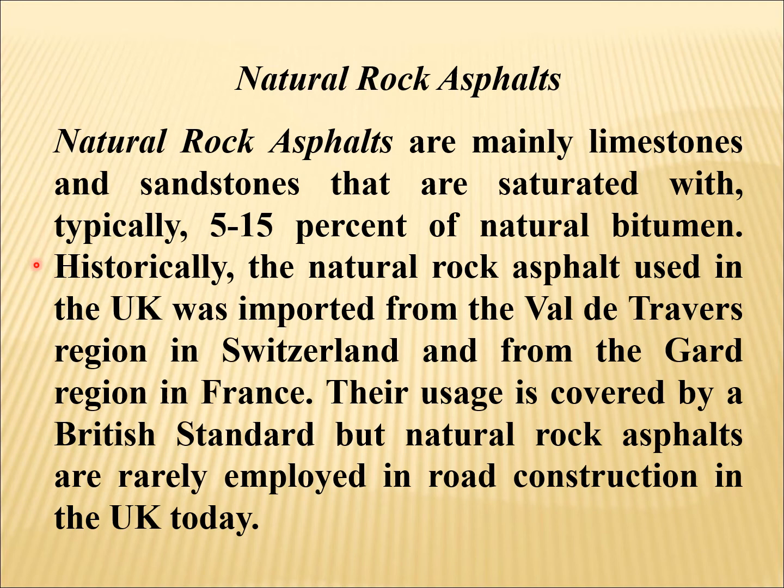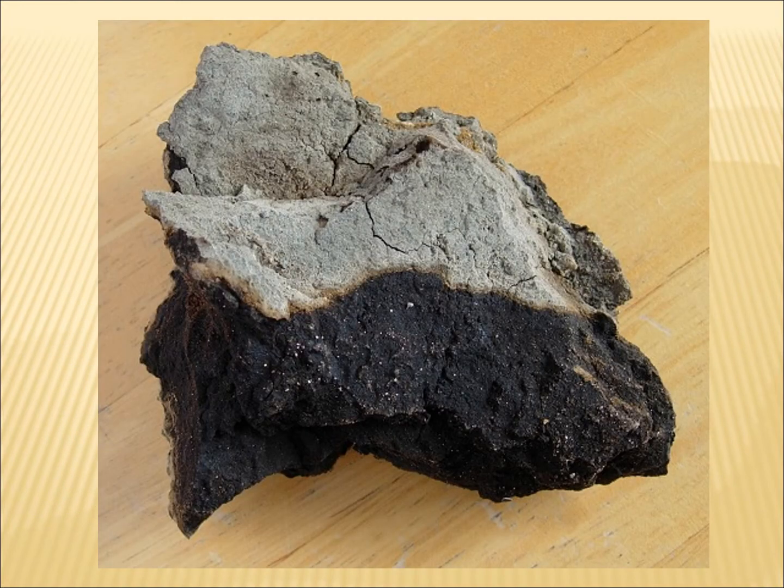Historically, the natural rock asphalt used in the United Kingdom was imported from the Val de Travers region in Switzerland and from the Gard region in France. Their usage is covered by a British standard, but natural rock asphalts are rarely employed in road construction in the United Kingdom today. So here you can see the natural asphalt.